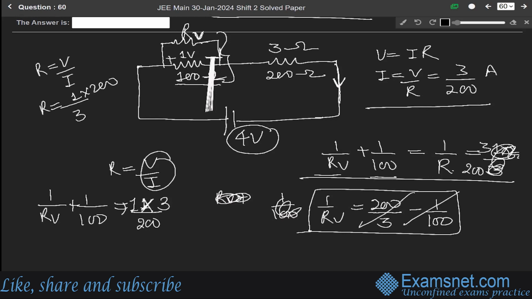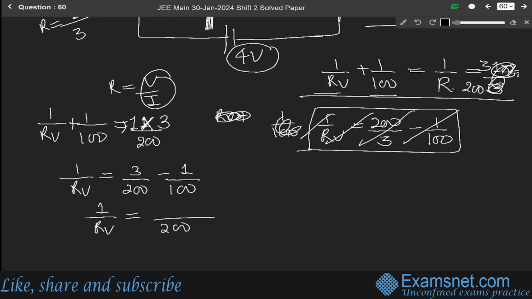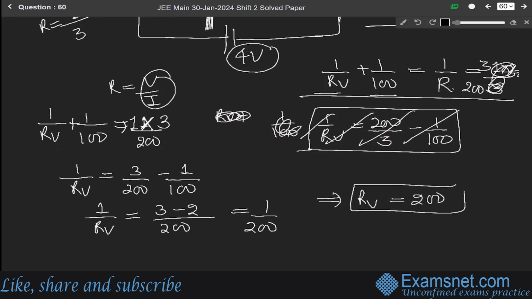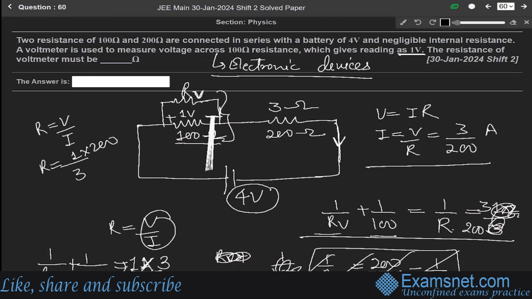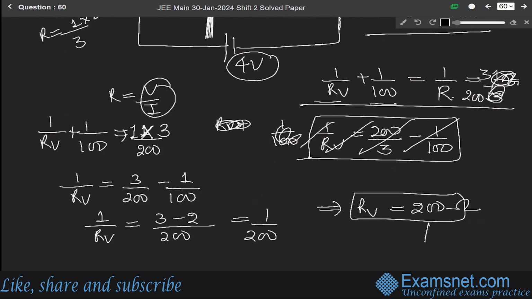So we get 1 over RV will be equal to 3 over 200 minus 1 over 100. So 1 over RV will be equal to (3 minus 2) over 200, which is 1 over 200. This implies that RV is equal to 200, meaning the resistance of the voltmeter is 200 ohm. This is our final answer.